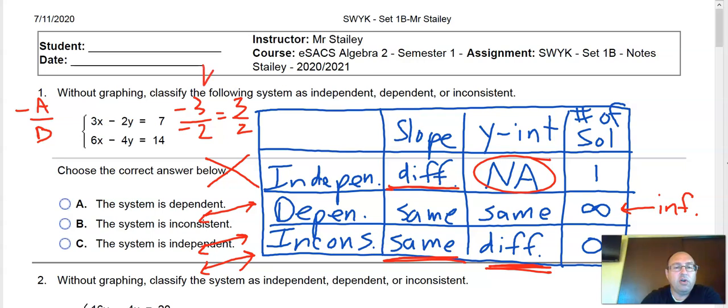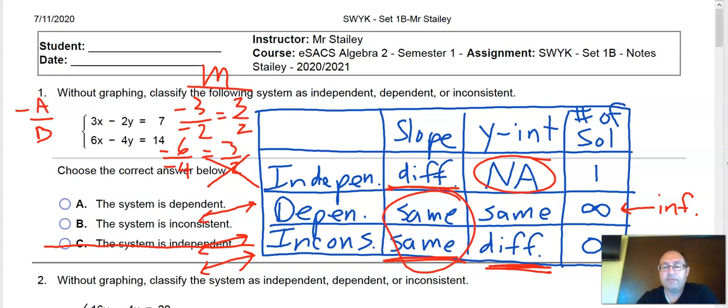All right, so this is all under the slope category. Then on the second equation, I have the opposite of 6 over negative 4. Well, guess what? That's also 3/2. So we are either talking about dependent or inconsistent. We have just eliminated the last choice because we ended up with the same slope. So we're in one of these two categories. So now I have to go through the y-intercept.